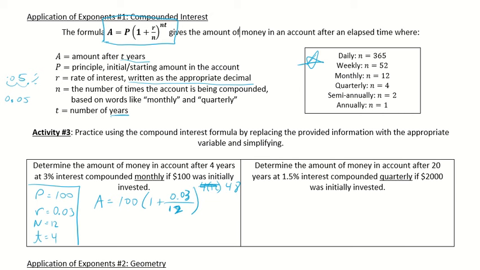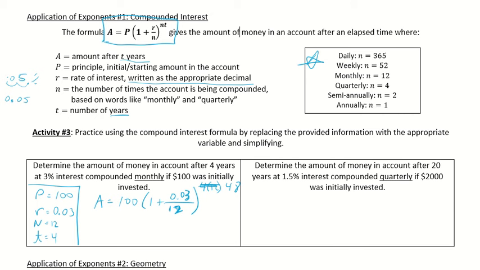Now, you can type all of this right into the calculator, but I would recommend doing this one piece at a time where you're in control. So we follow the order of operations and go inside the parentheses and deal with that division first. 3/100 divided by 12, hit enter, then plus 1.